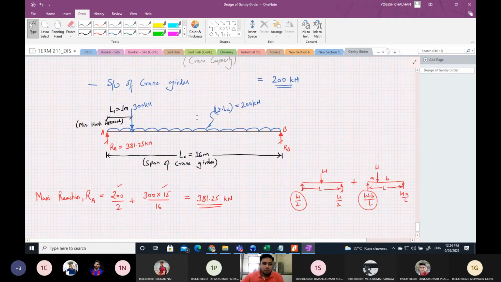In case you have been given the per meter weight of the crane girder, then you have to take this reaction accordingly.